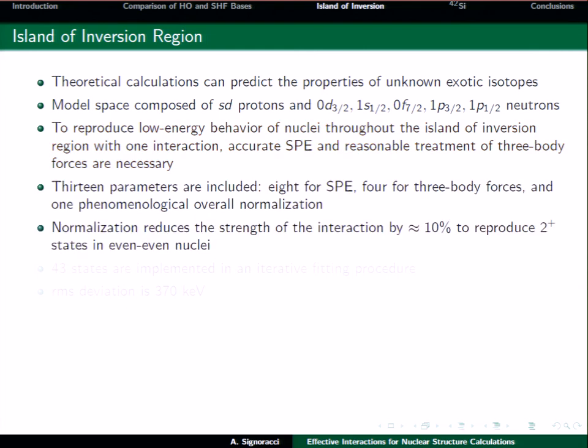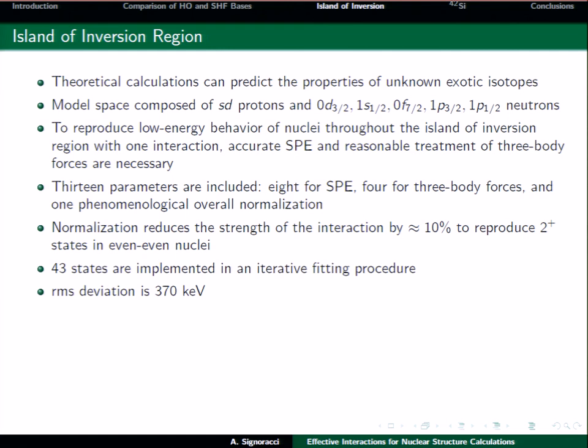Because, as I mentioned, the single particle energies that we determine in our renormalization procedure are not very accurate, we treat them as parameters, and we also include a few parameters for three-body forces, which aren't included at all in my procedure, and one extra parameter which serves to reduce the strength of the two-body matrix elements from the renormalization procedure by about 10%.